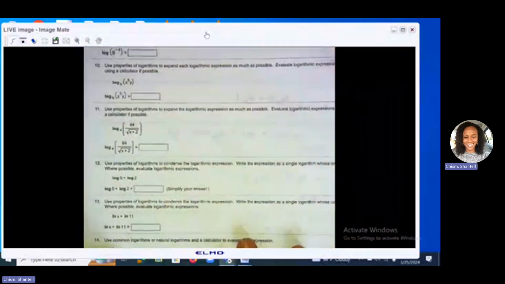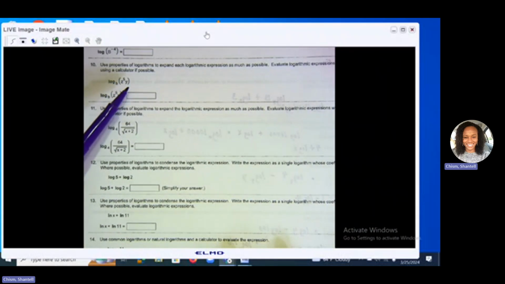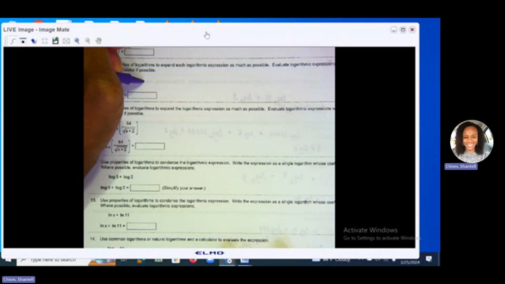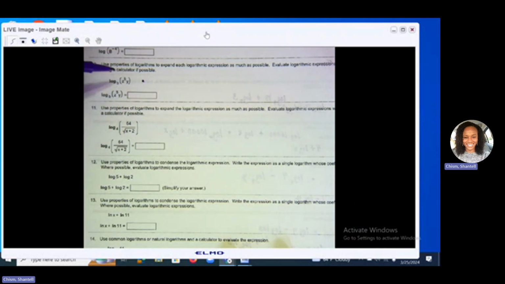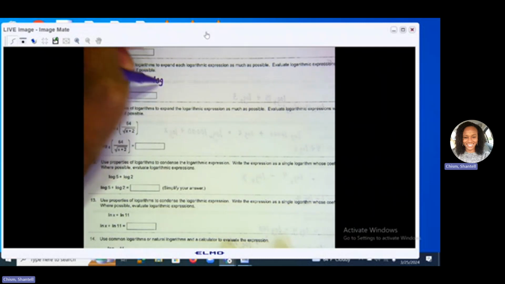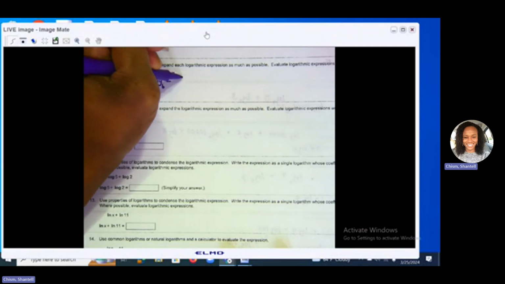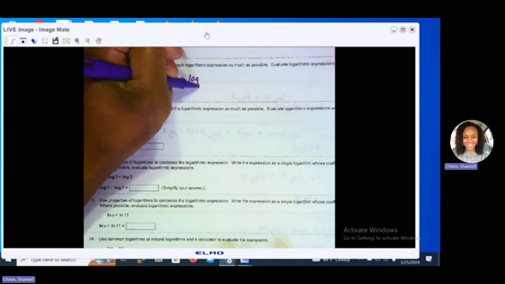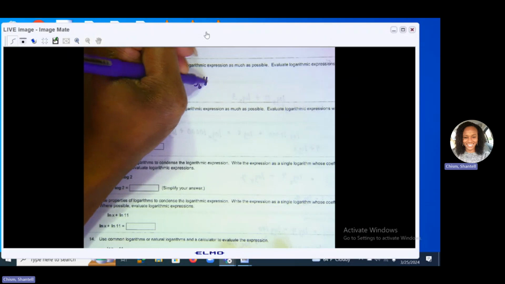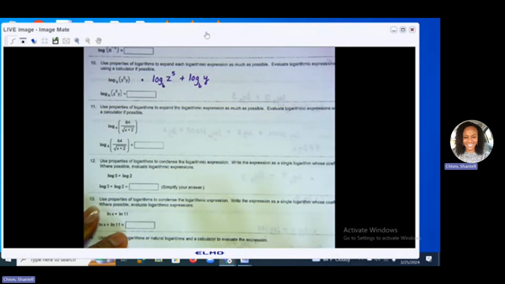So let's look at number 10 here. So we've got log base b of z to the 5th times y. So the first thing I'm going to do is recognize that I have a product, okay? So because I have a product, I'm going to break these two expressions apart and write them as a sum. So this becomes log base b of z to the 5th plus log base b of y, okay?